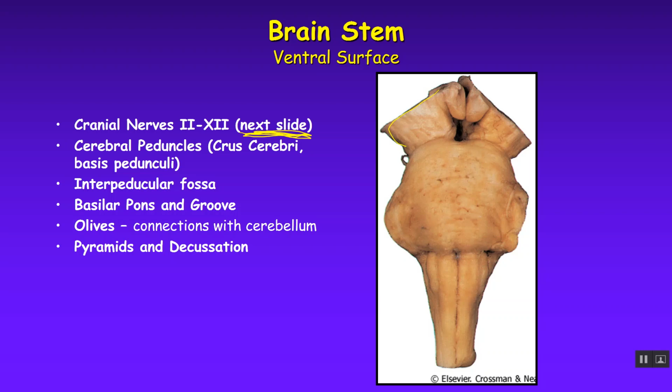Looking at the front of the brainstem, starting in the midbrain, this area here is the midbrain, and there are these structures right here called the cerebral peduncles. Remember, a peduncle is a connecting stalk.